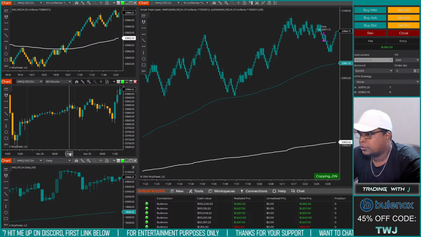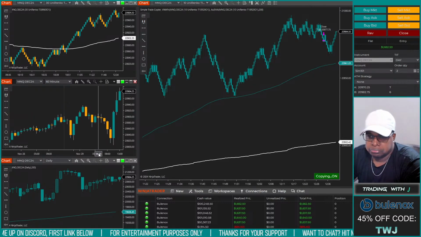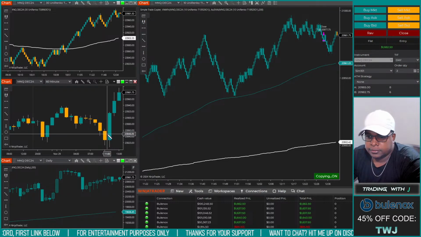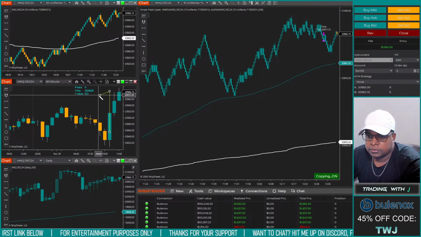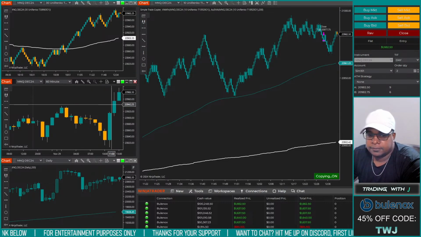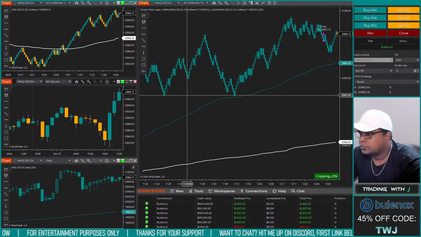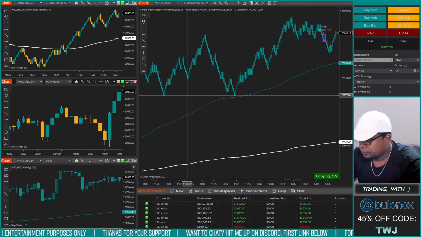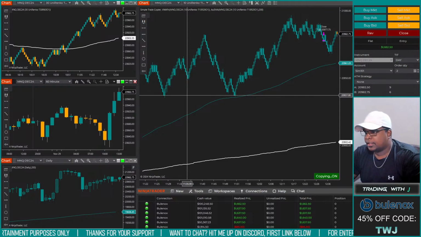Should be doable. We look for about 500 ticks, give or take. This was about here, about 500 ticks. Yeah. So I think that is it.